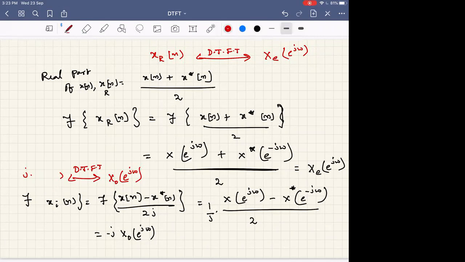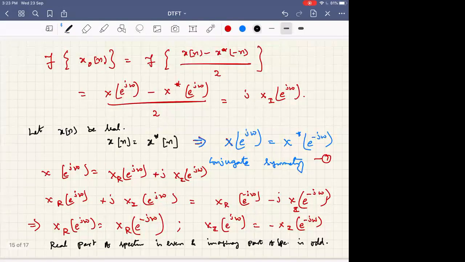What I suggest is, you look at all these properties, derivations from your side, because these are very important, not only for understanding what will happen in frequency domain if some operation is done in time domain, but these properties will be seen in many of the problems.